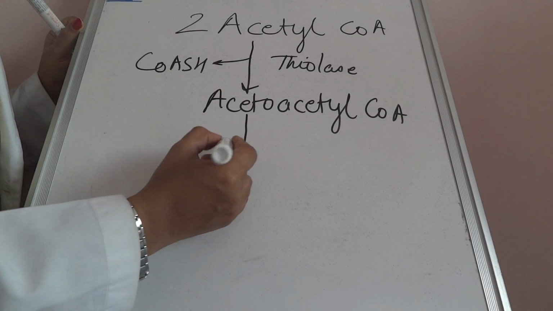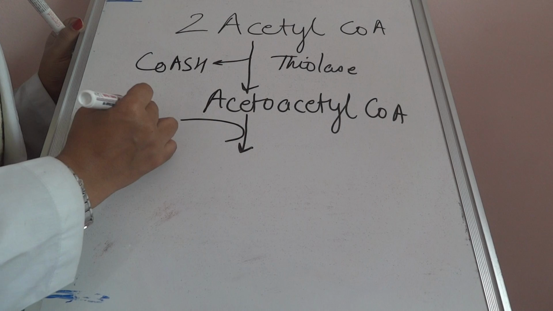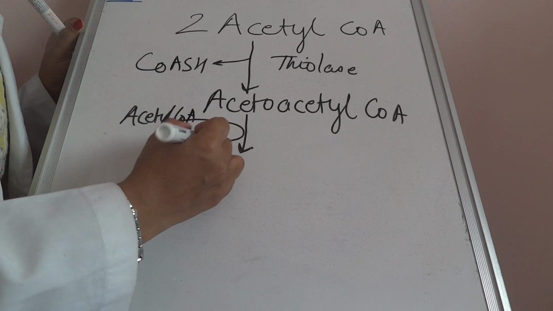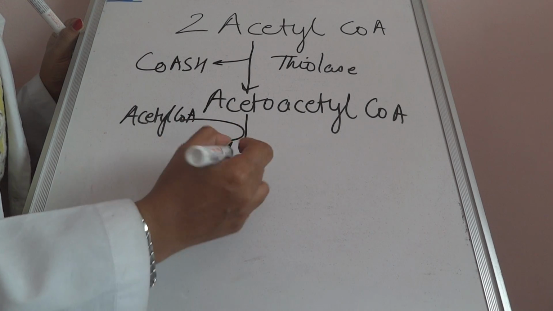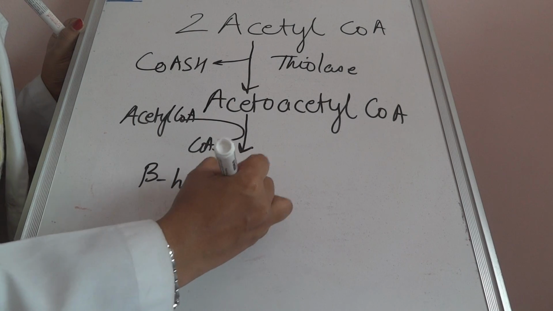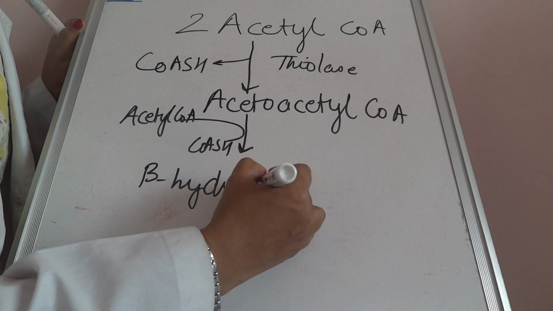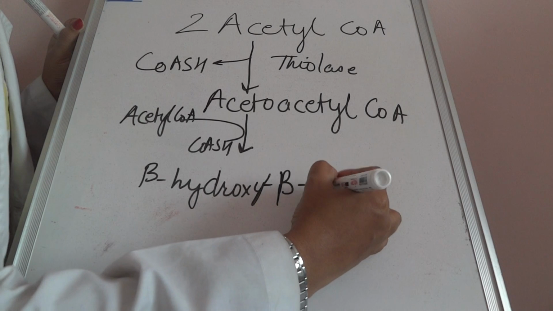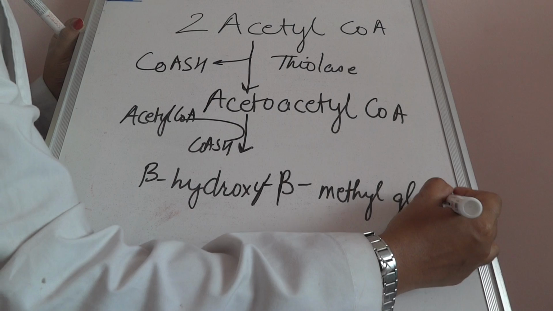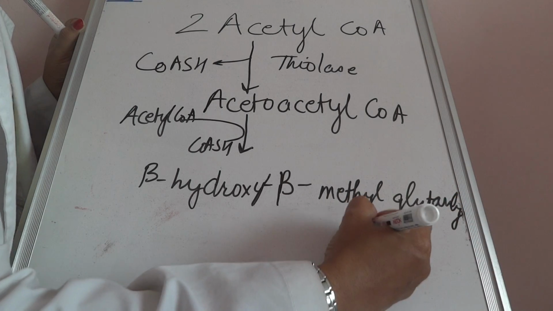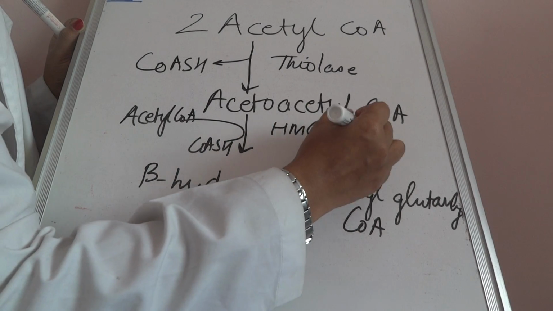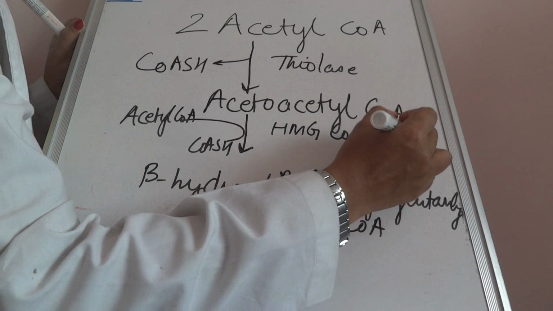Then this acetoacetyl-CoA combines with one more acetyl-CoA. Again a CoA molecule is removed to form beta hydroxy beta methyl glutaryl CoA, or in short HMG-CoA.